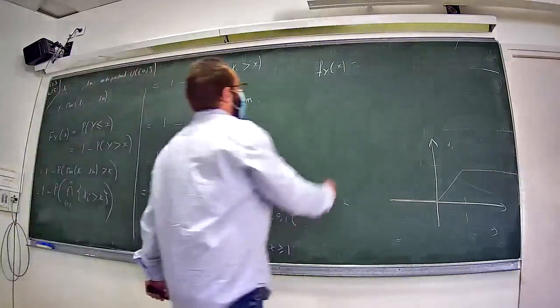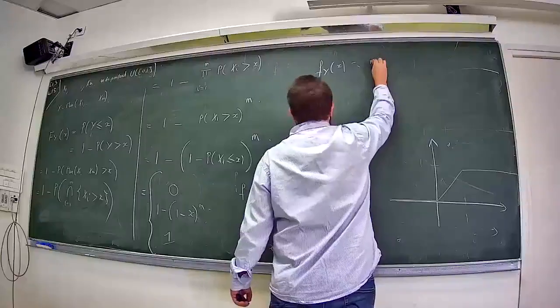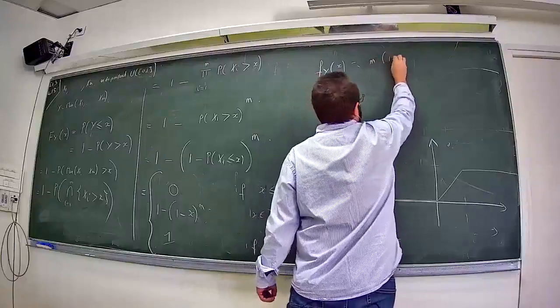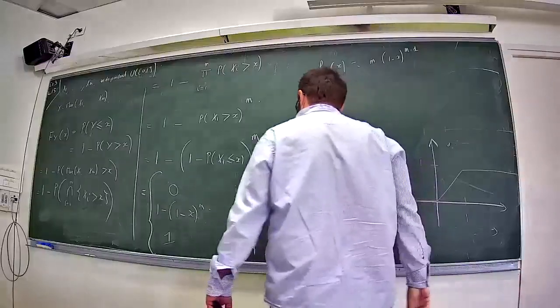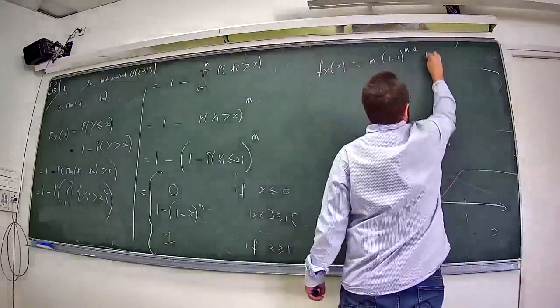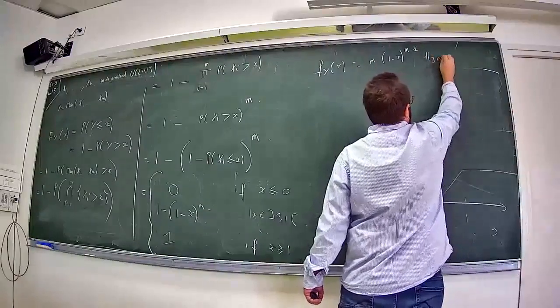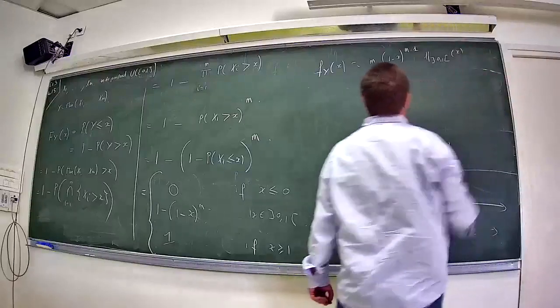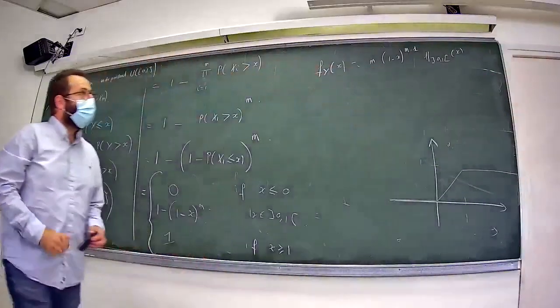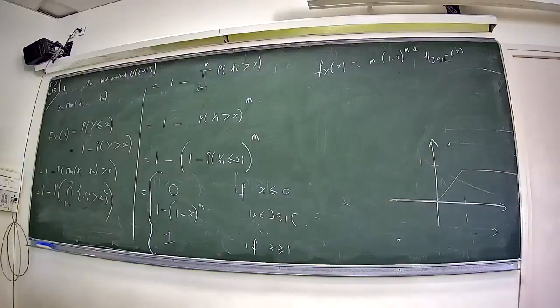So I obtain n times (1 minus x) to the power n minus 1, times the indicator function that x belongs to 0, 1. And you have here the density function of the minimum.